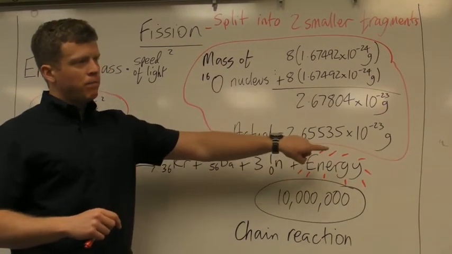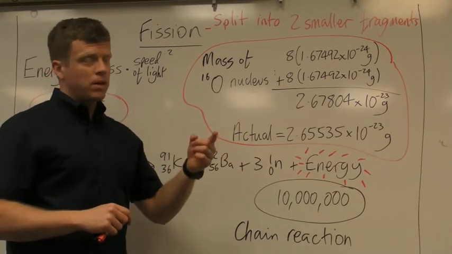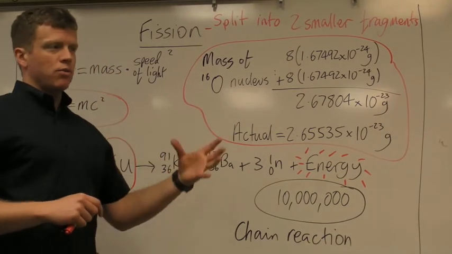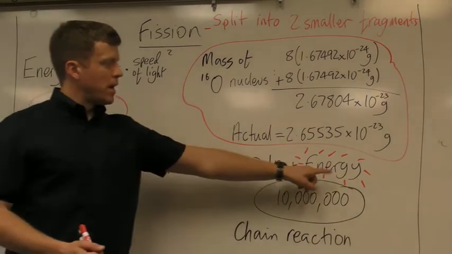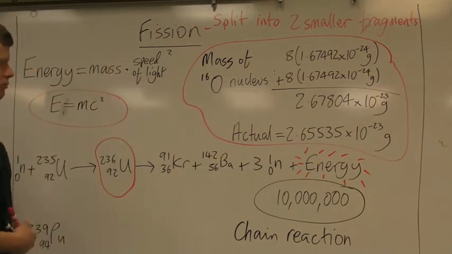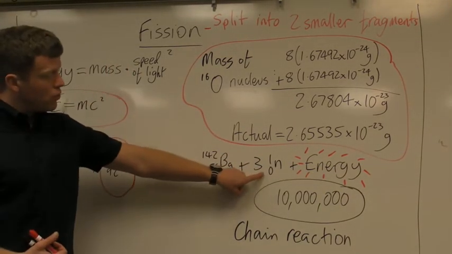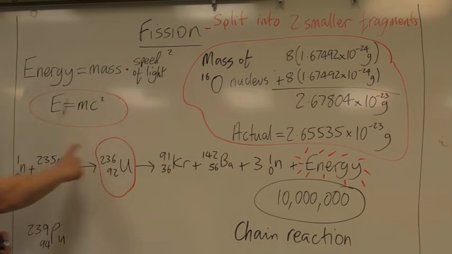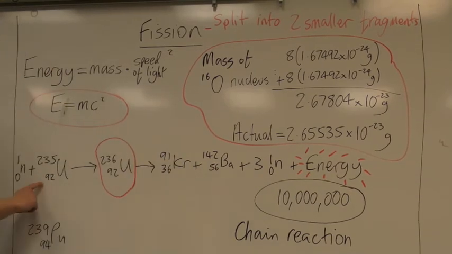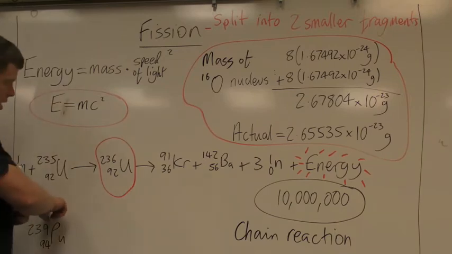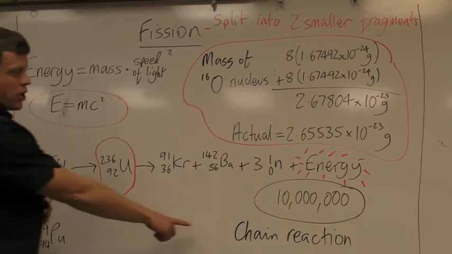That energy heats water, which turns into steam, which then drives turbines, which then produces electricity. But it's a huge amount of energy given out. And the nice thing is you get more neutrons produced, so you don't have to keep generating more neutrons, because these neutrons will actually collide with more uranium nuclei. So this is the definition of a chain reaction.